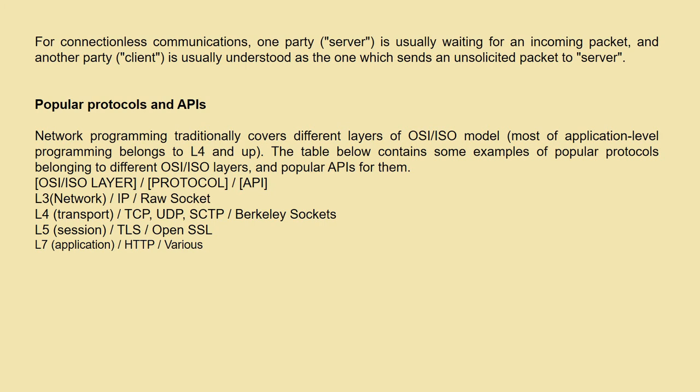Now see the OSI or ISO layer and protocol or API: L3 network has internet protocol or raw packet, L4 transport has TCP, UDP or HTTP, L5 session has TLS and OpenSSL, and L7 application relates to HTTP and various other things.